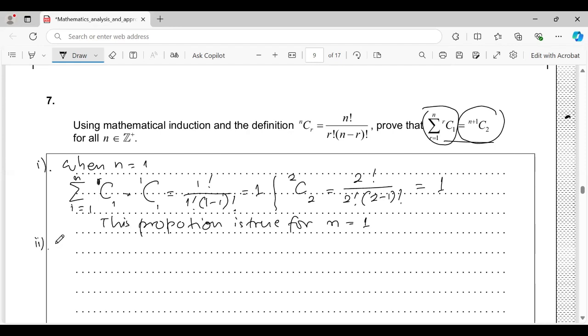Next, the second step is we have to assume that this proposition is true for n equals k.